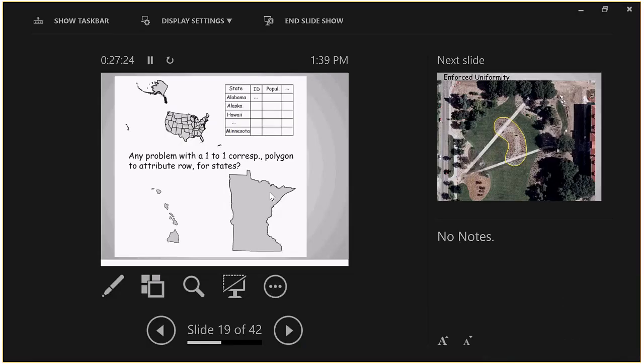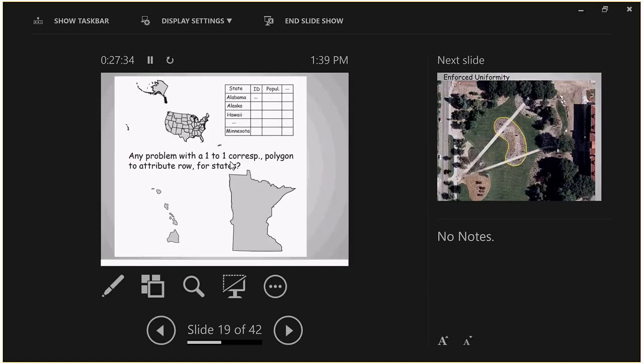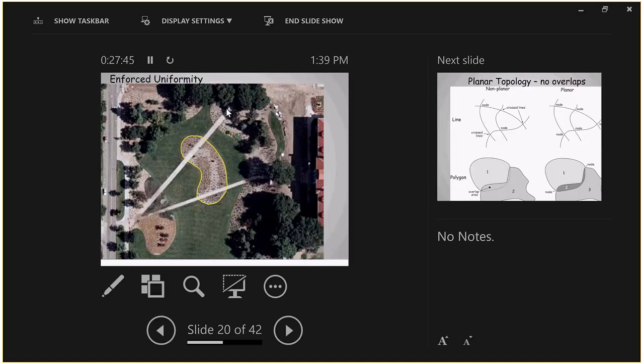Okay. Yeah, multi-polygon feature. However, one of the things that this model implies, because if you think about all of these attributes for a specific data model, they apply to Alabama as a whole or to Alaska as a whole. So this concept of enforced uniformity. In other words, that object may be fairly complicated.